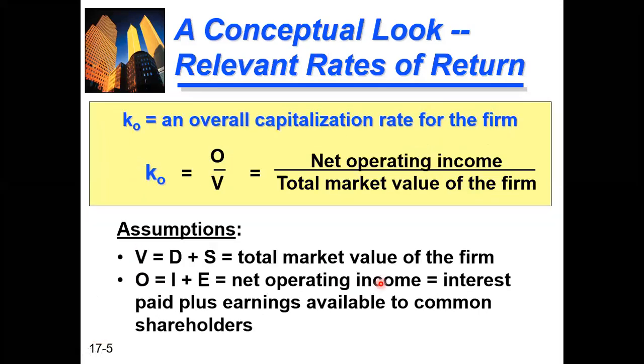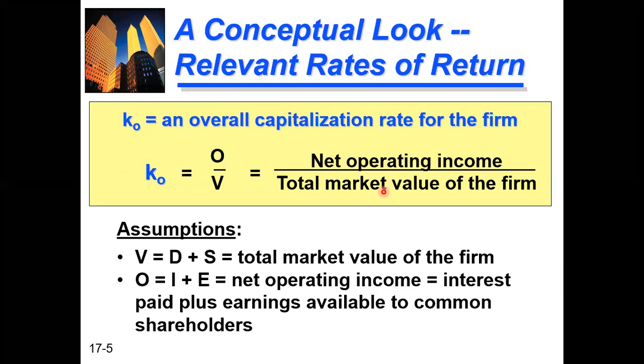And then the overall cost, meaning the total cost of capital, Ko. Overall capital means equity capital plus debt capital, both. So overall cost of capital equals net operating income divided by the total market value of the firm.